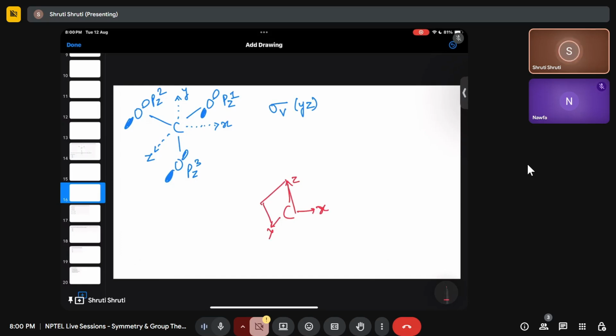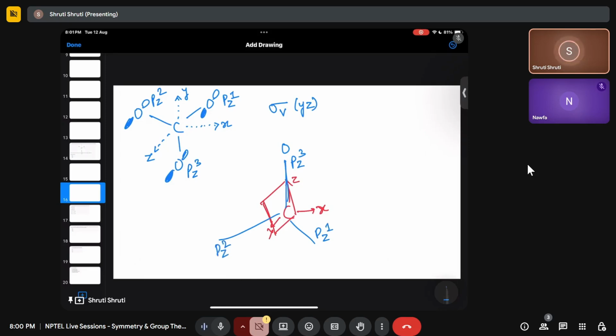So if this is the yz plane like this, and the bonds are along Cz and between x and y and here. One bond is along an axis and two bonds are in between the axis. So if you do the rotation, this is pz3, this is pz1, this is pz2.